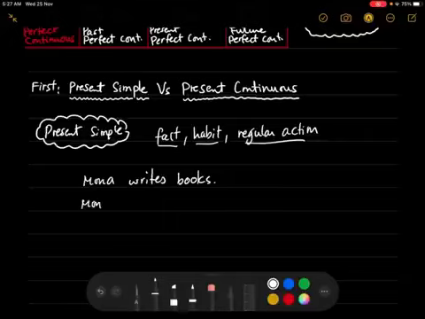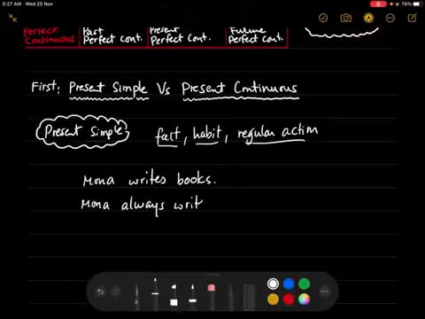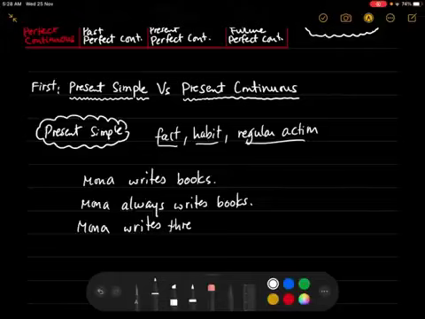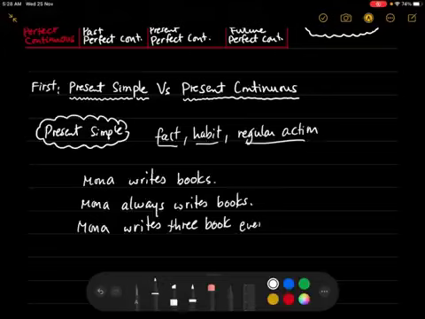If I say Mona always writes books, that's a habit. And if I say Mona writes 3 books every year, so that is a regular action.